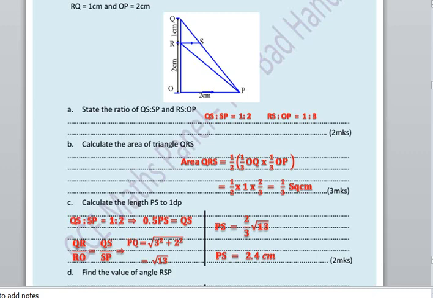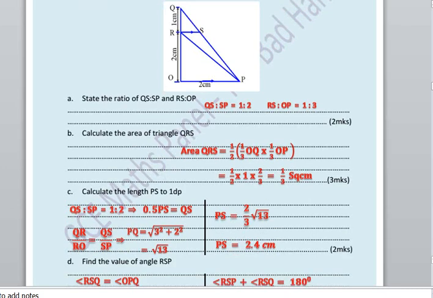PQ here, since it's a right angle triangle, the sum of squares of the other 2 short sides is equal to the square of the hypotenuse, and that will give us 2 squared plus 3 squared, that's the total length, should be equal to PQ squared, and our PQ will be √13. Now our PS is 2/3 of this distance, so we have 2/3 of √13. But they said to give the answer to 1 decimal place, so our answer is 2.4 centimeters.